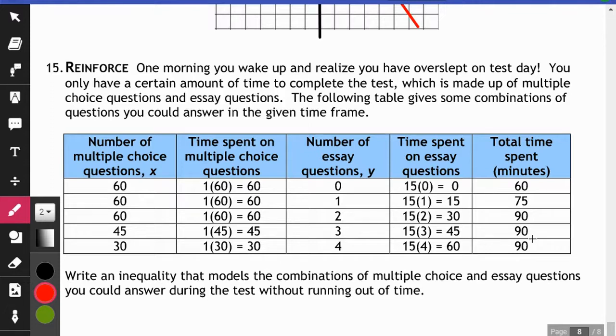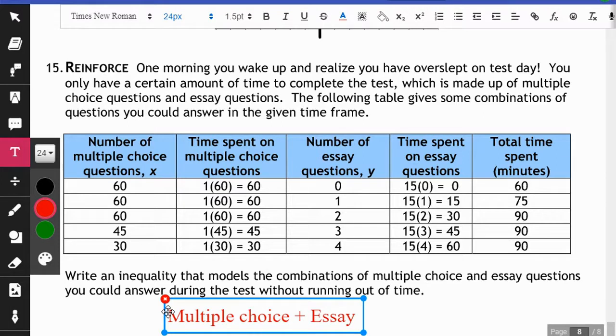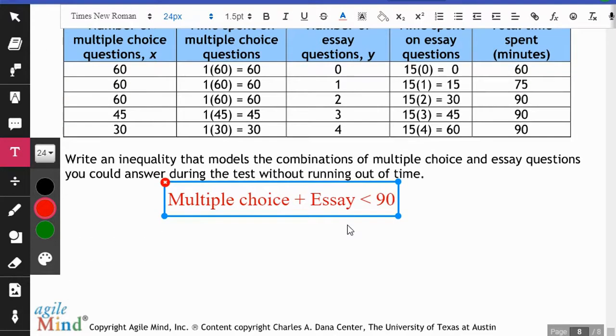So we are going to assume that based on what they've said, multiple choice plus essay is less than or equal to, or at the very most, 90 minutes. It can't be more than 90 minutes. At 90 minutes, we run out of time, right? Okay, so how do I talk about that multiple choice that I need?